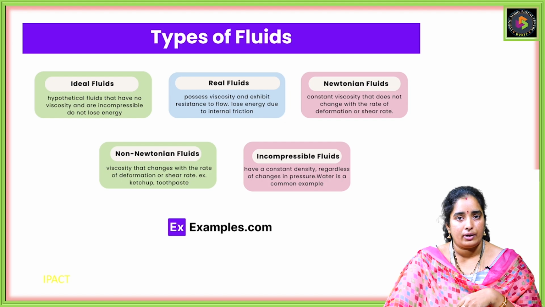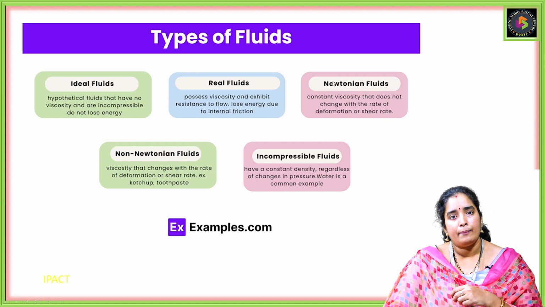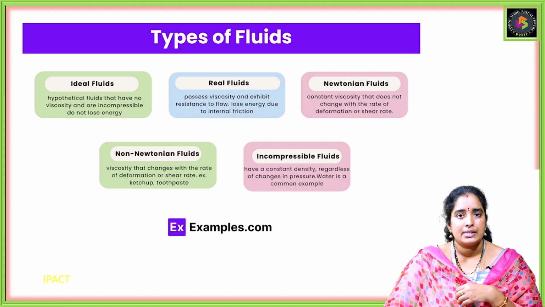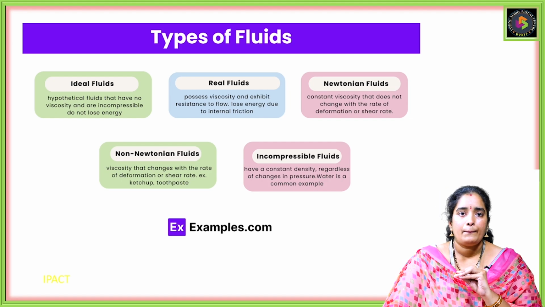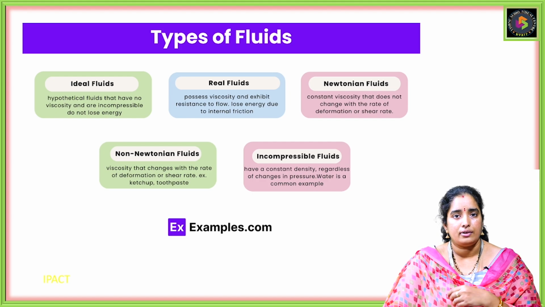Coming to Newtonian and non-Newtonian fluids. Before discussing in detail, we have to define what Newton's law of viscosity is. Based on the definition of Newton's law of viscosity, we can classify the given fluid as either Newtonian or non-Newtonian.